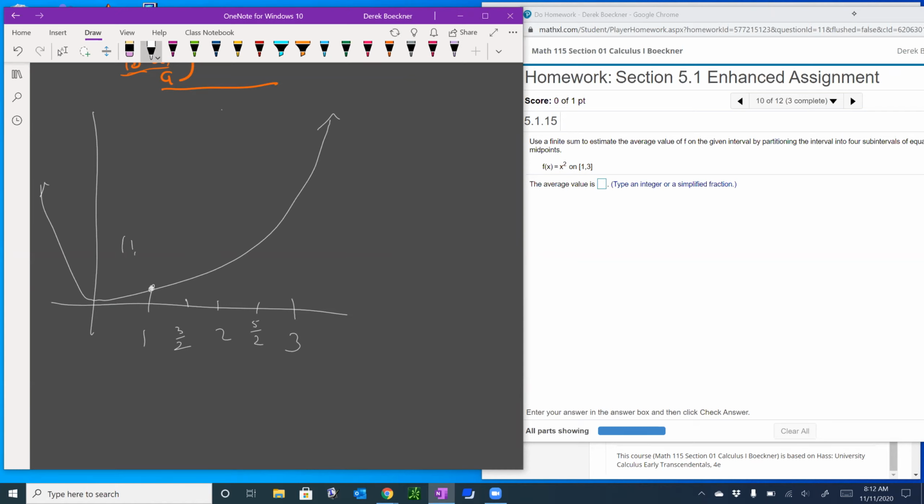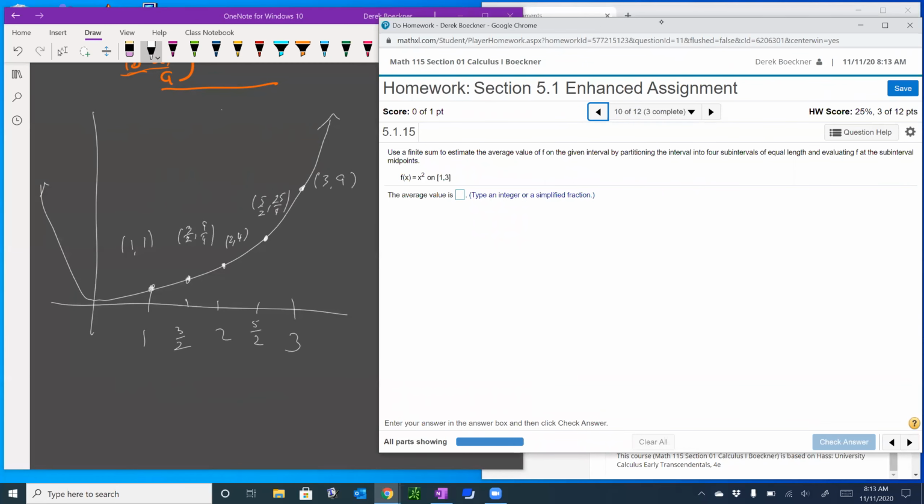So 1 comma 1, 3/2, 9/4, 2, 4, 5/2, 25/4, 3, 9. But we're still supposed to be using the midpoints, it looks like.